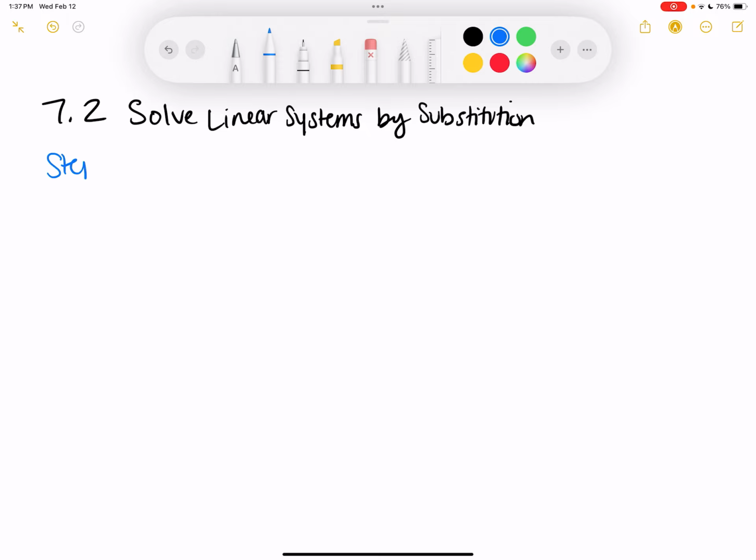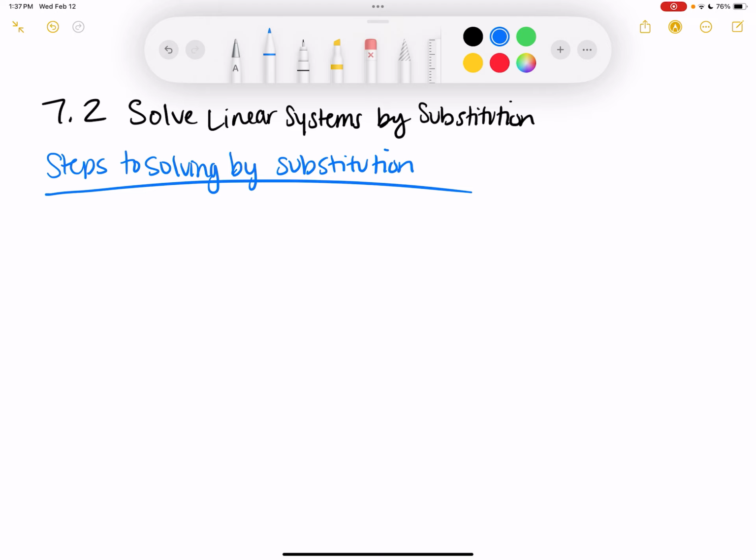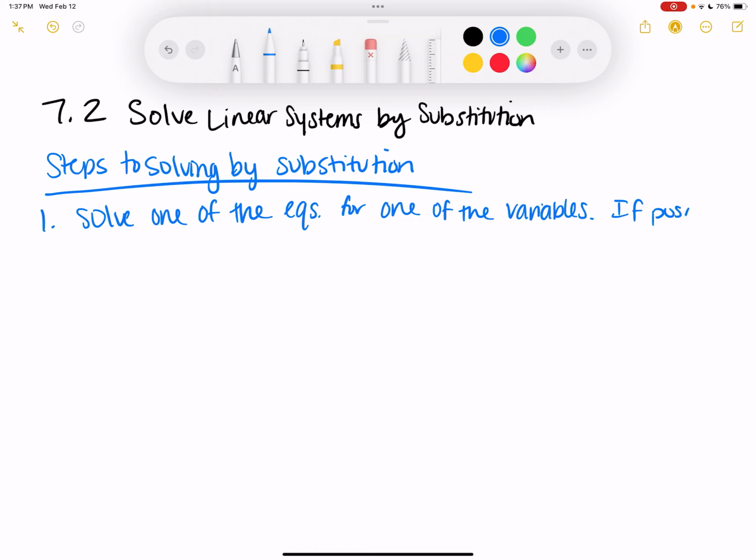So steps to solving by substitution. Step 1: solve one of the equations for one of the variables, if possible.